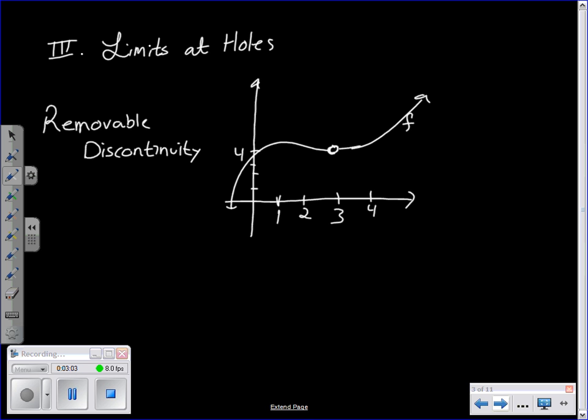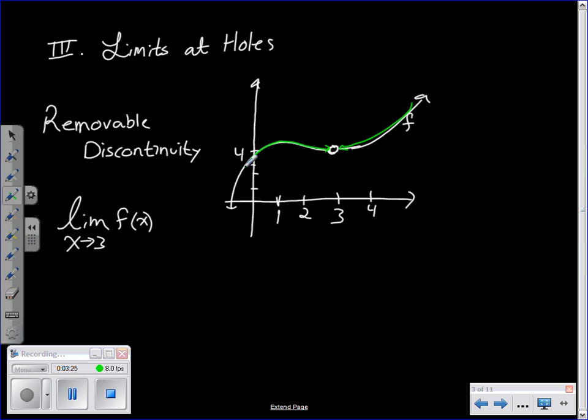Limits, in fact, are going to actually exist at holes. So if I wanted to find the limit as x approaches 3 for this function f of x, I'm going to take my y values, and as I get really close to 3 here, my y values get really close to the hole. And remember, with limits, you're looking near the value, not necessarily at the value.